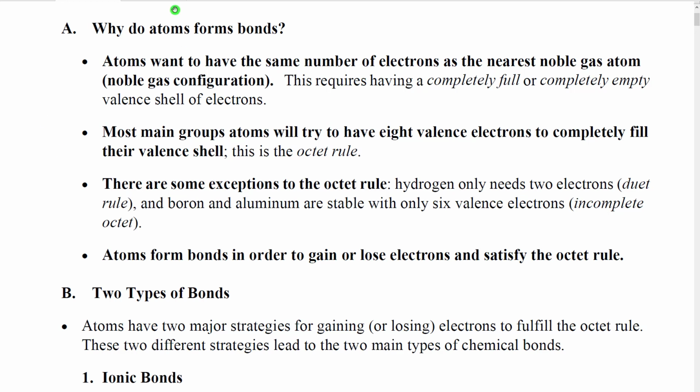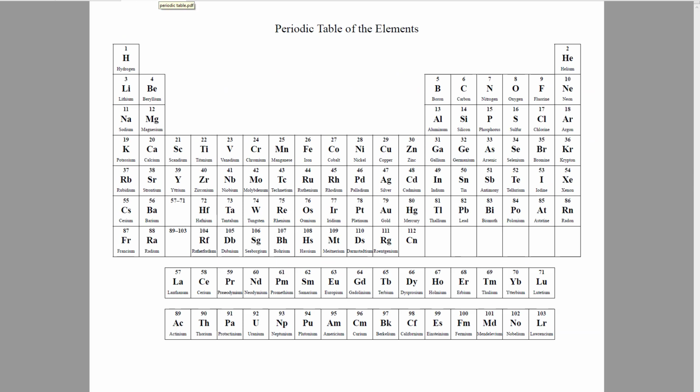So if we look at the periodic table, we can see that, for example, fluorine, which has 9 electrons when it's just an atom by itself, would like to do something in order to gain 1 more electron to have the same number as neon. Similarly, if we look on the other side, sodium would also like to have the same number of electrons as neon, which would mean that it would need to lose 1 electron.